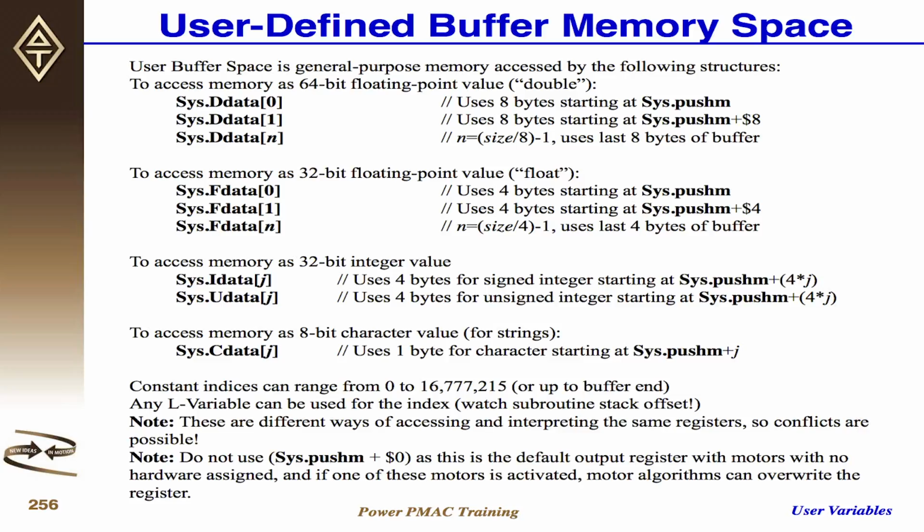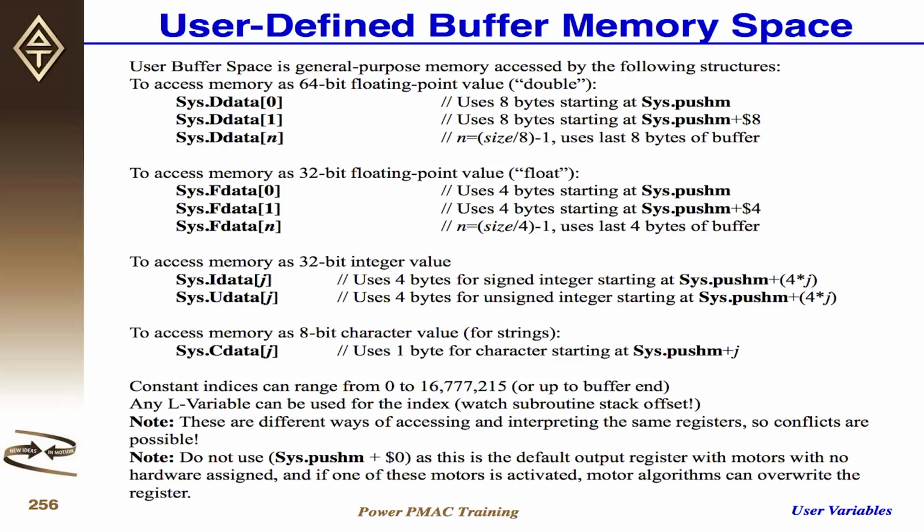But sys.ddata 0, 1, and n. 0 is 8 bytes long starting at sys.pushm. 1 is 8 bytes long starting at sys.pushm plus $8, and it continues on. N would be sys.pushm plus $8 times n.